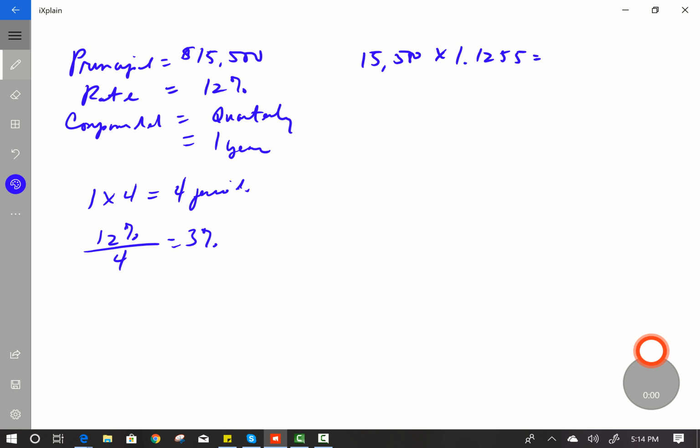And that will give us a compounded amount of $17,445.25. And we'll subtract out our initial investment of $15,500, and that will give us the interest of $1945.25.